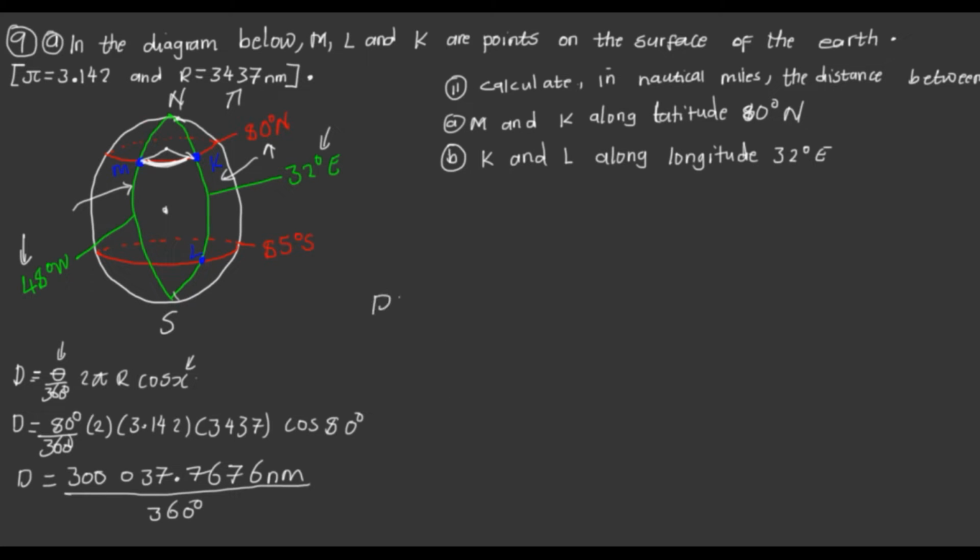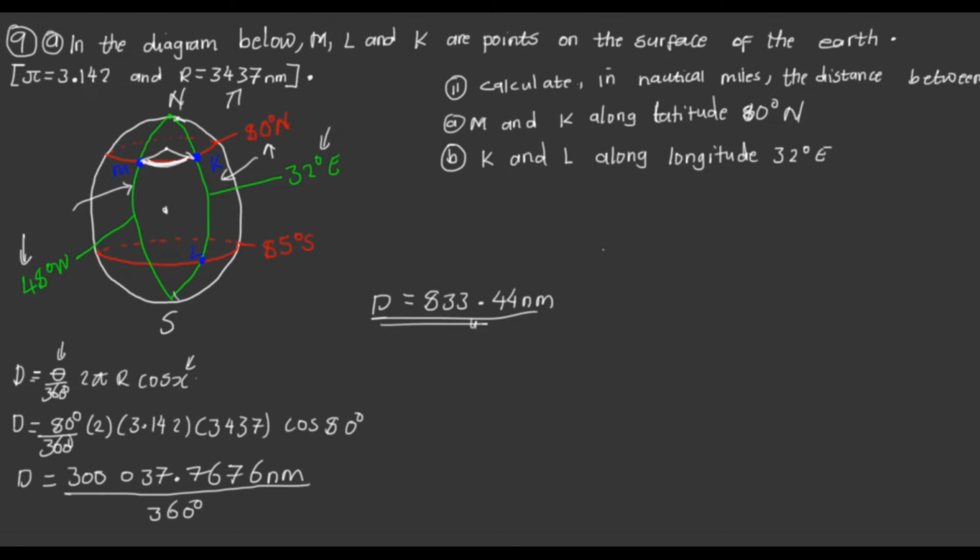We can now continue with the same number divided by 360. On my calculator, I get 833.44 nautical miles. So this is the distance for question A, M and K.